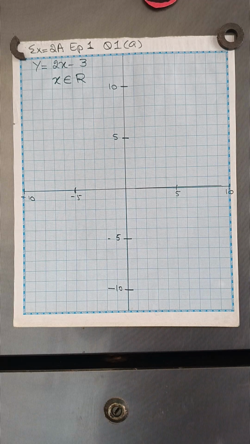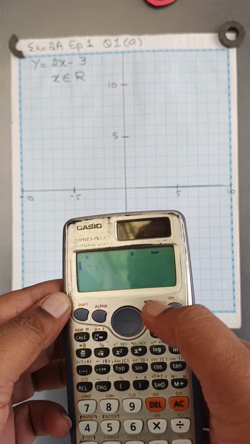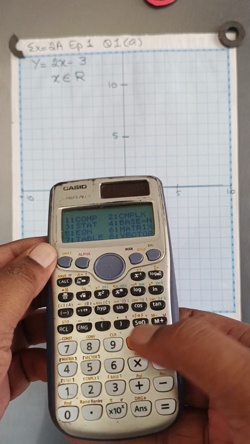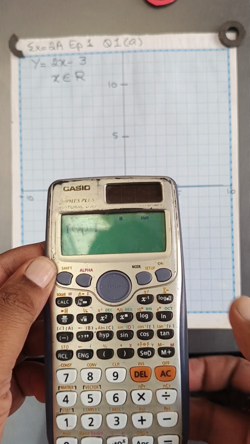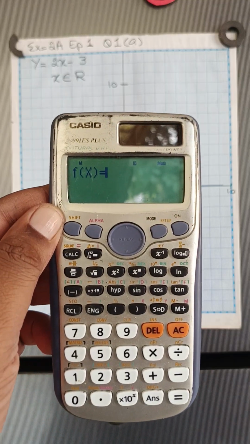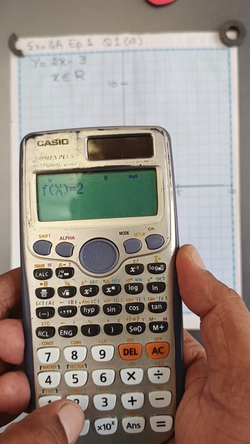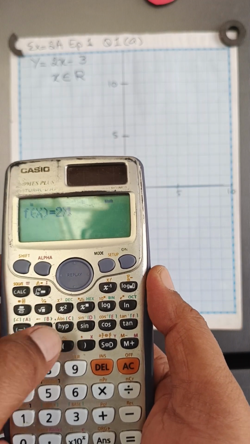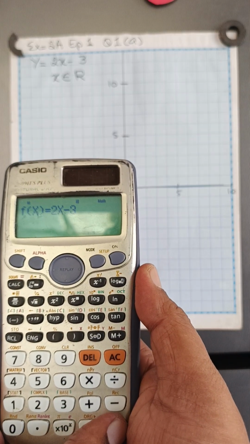Very simple. If you have your calculator with you, you can go to MODE, and here on number 7 you have tables. So I will select tables. Here it asks me to write the function, so that is 2, then this pink button and x, and then minus 3 and equals.